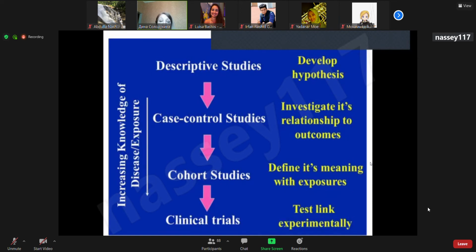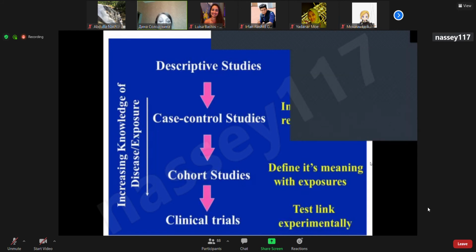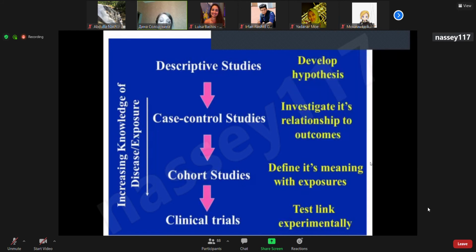Investigation of relationship to the outcome will be done by a case control study. To explain and to define its meaning with exposures is the task for cohort study, and to test the association experimentally, we need a clinical trial or experimental design. So you see how complicated is the scheme of applying different study designs from the perspective of public health.